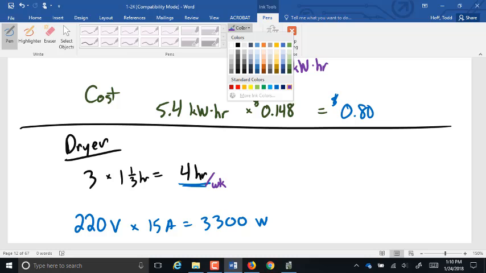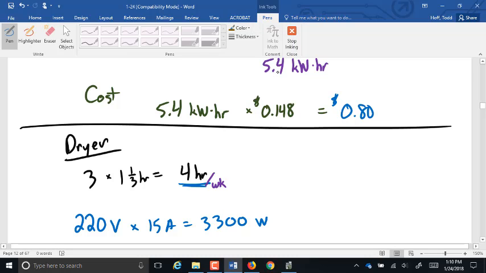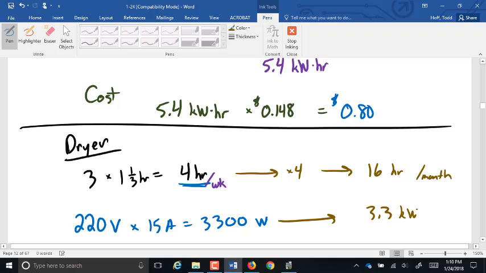I am going to take our 4 hours per week times 4 weeks in a month to get 16 hours per month. I am going to convert our 3,300 watts to 3.3 kilowatts.